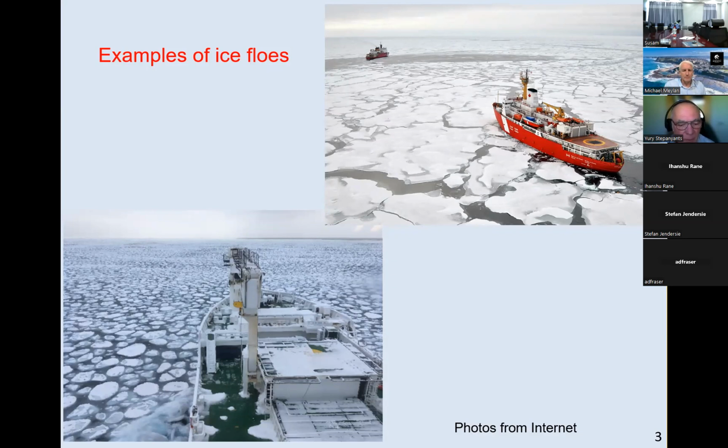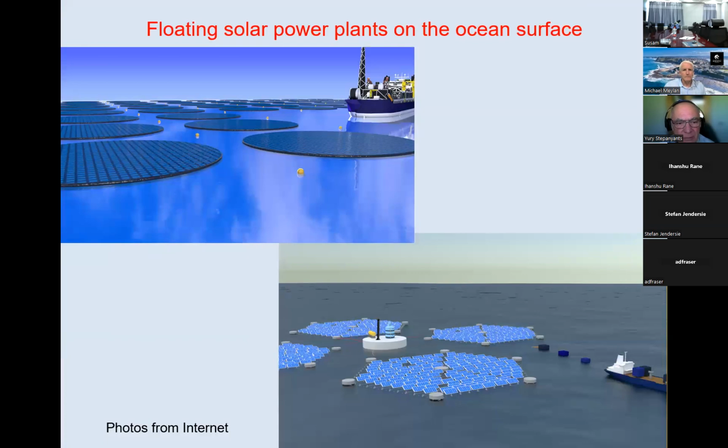They depend on thickness, size of the floes, and density of floes distribution on the ocean area. There are also artificial devices placed on the surface of the seas, and they can be considered as artificial floes.